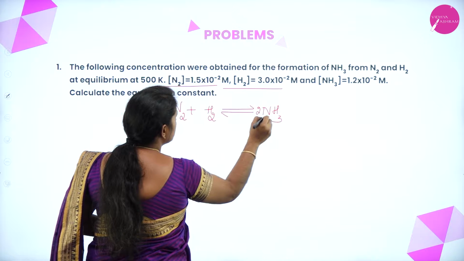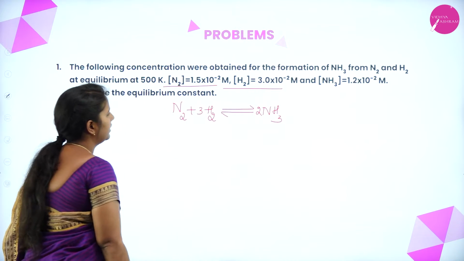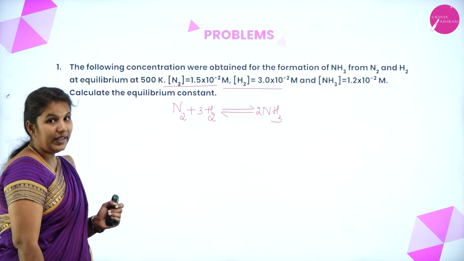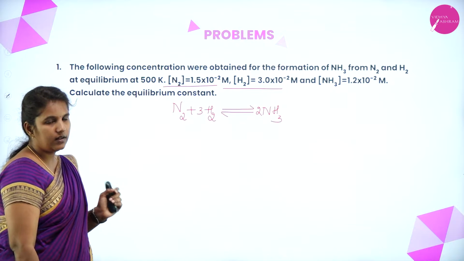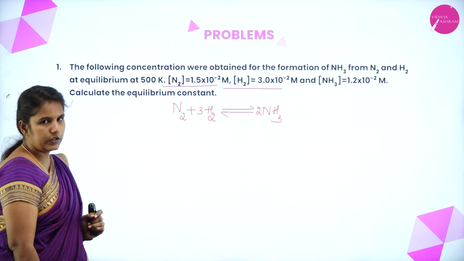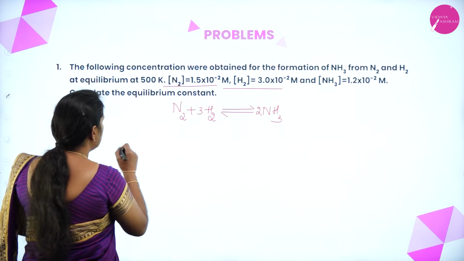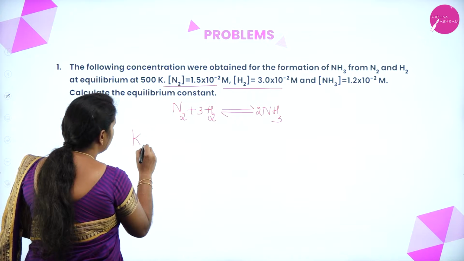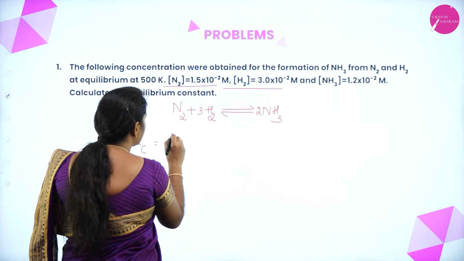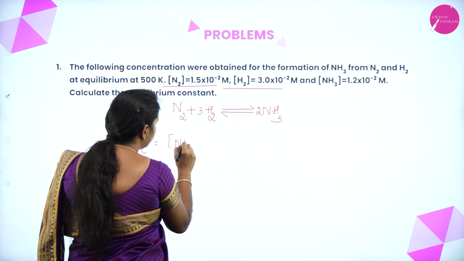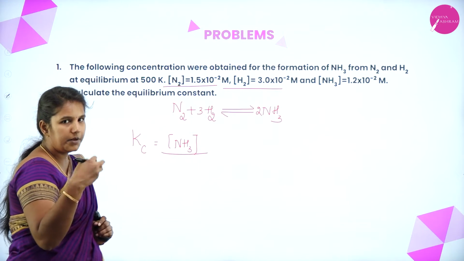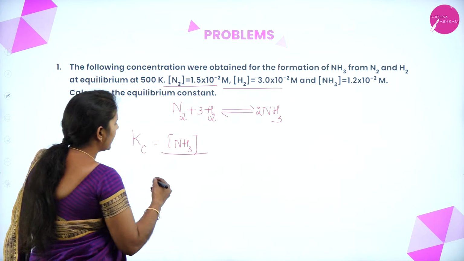In order to balance this equation, I will write the reaction coefficient or the stoichiometric coefficient, which is at equilibrium at 500 Kelvin. Now we need to calculate the equilibrium constant, that is Kc. So for this reaction, the Kc can be written as the molar concentration of the product divided by the molar concentration of the reactant.